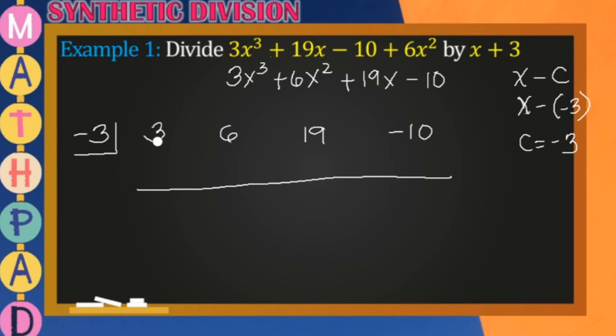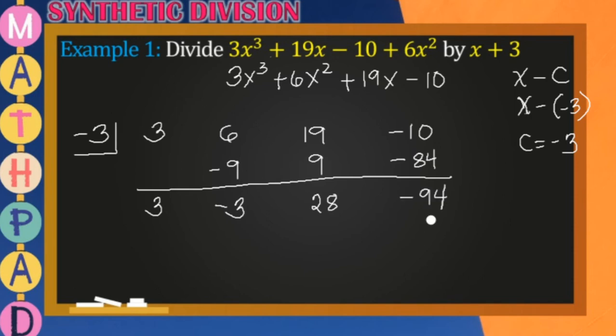So, again, you have to be careful with signs. Okay, unlike sign yan, we have to subtract. The negative 3 times negative 3, that's positive 9. Then add. So, 19 plus 9, that's 28. Then 28 times negative 3, that's negative 84. And then add, that's negative 94.